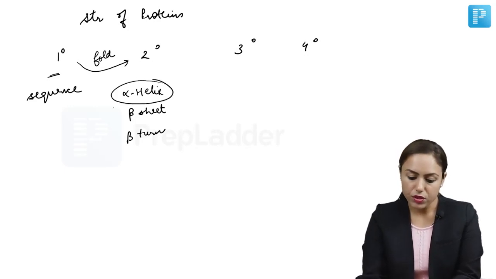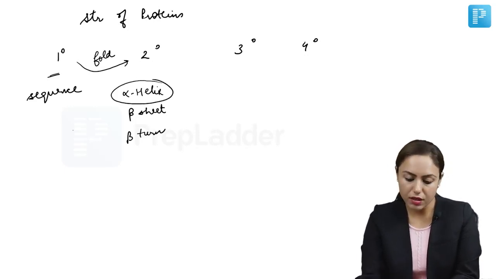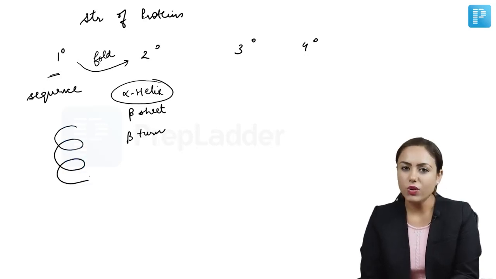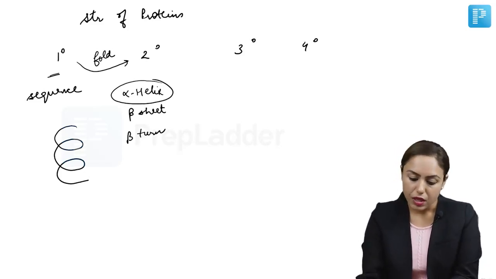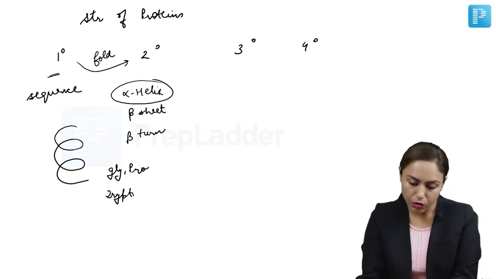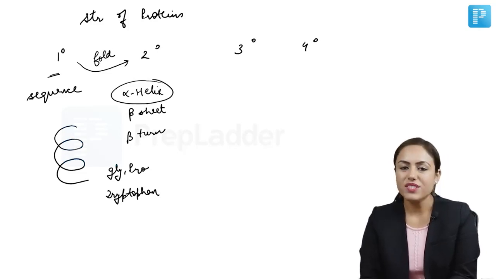Alpha helix is very important. Alpha helix is a symmetrical helical structure, right? You need to learn many amino acids which are never found in alpha helix. These are glycine and proline; they are never found in alpha helix. Tryptophan, okay? Tryptophan because it has a bulky side chain.